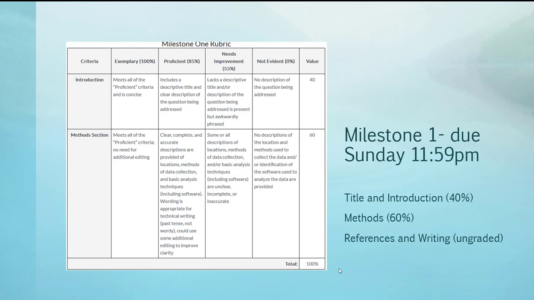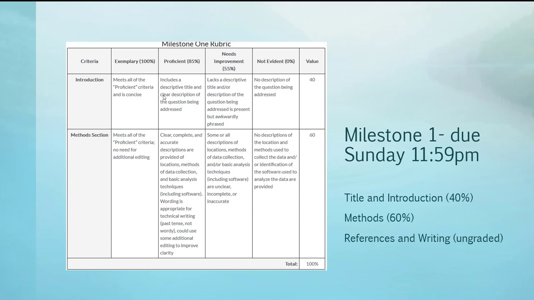So what is due? For Milestone 1, you are graded on two components: how well you complete the introduction section of your final project, and how well you complete the method section. This is the actual rubric, and you'll notice that the introduction includes the title. In order to get a good grade in your introduction, you have to have a title, and we'll talk about what a good title is.